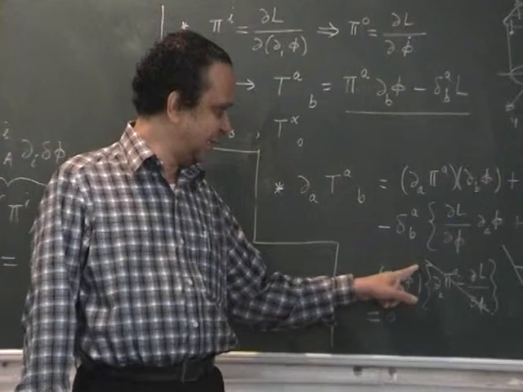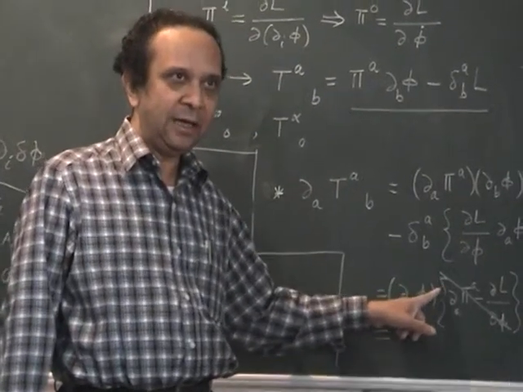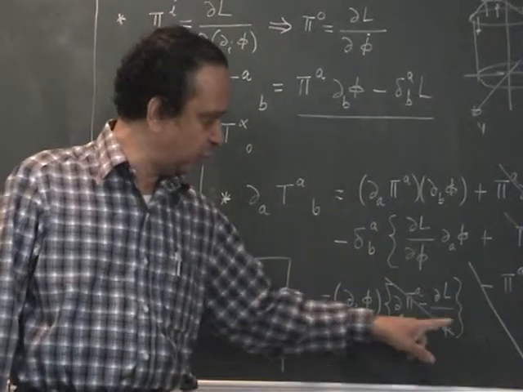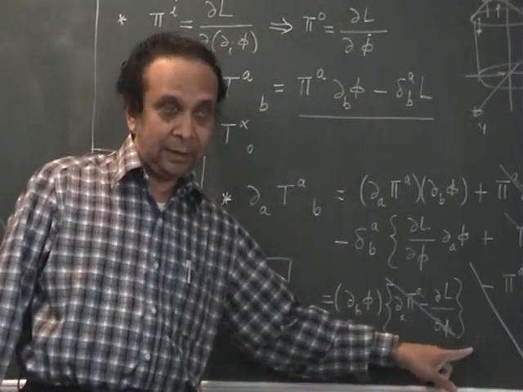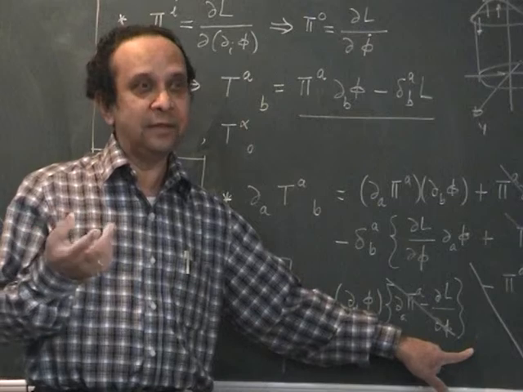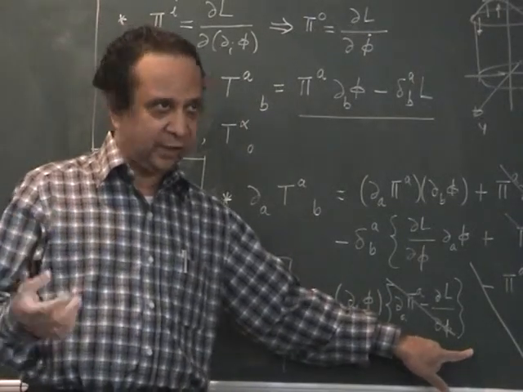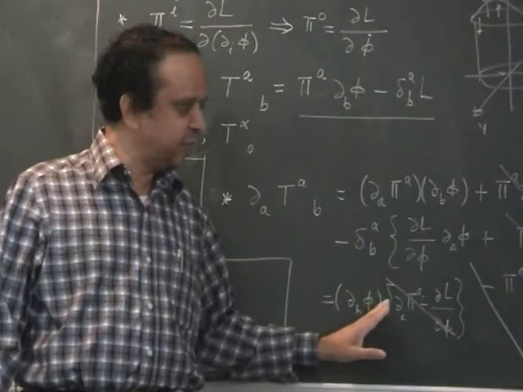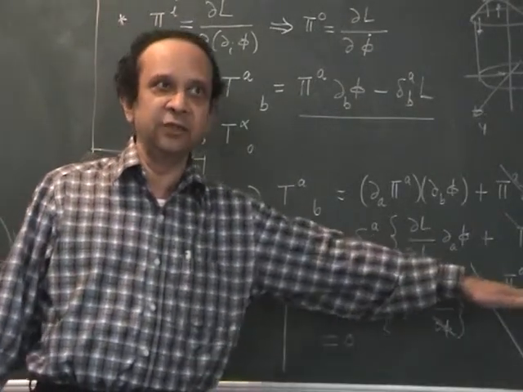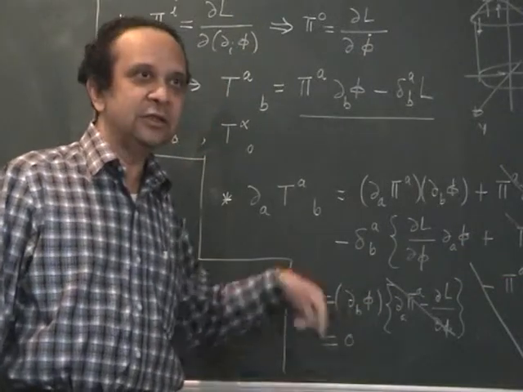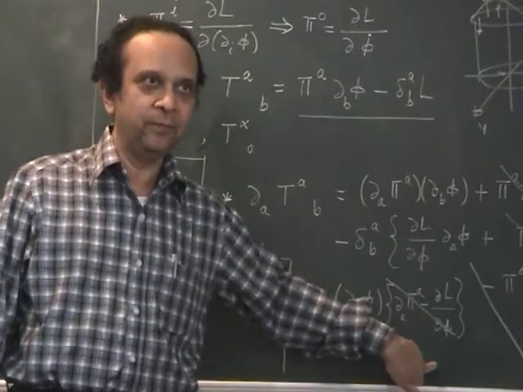There will be some indices here because φ_a will come in now. So if there are multiple fields, there will be a φ_a here, and this whole thing will have an index a. Now that a can have, for example, a 2-index structure. If it is a 2-index structure, then the contraction of this 2-index onto this 2-index being 0 is what you get. Then you have to assume that the determinant of this is non-zero in order to get this to be 0.